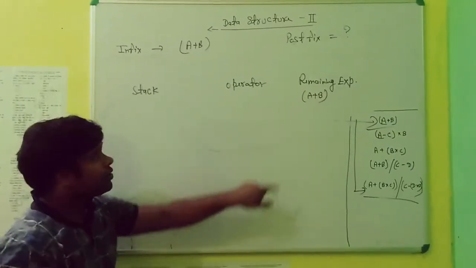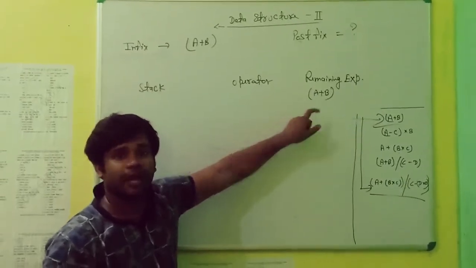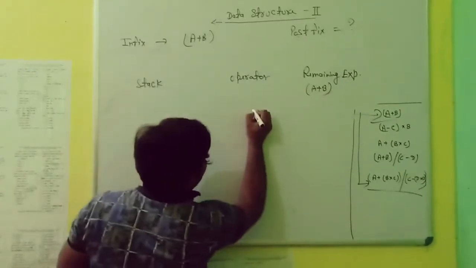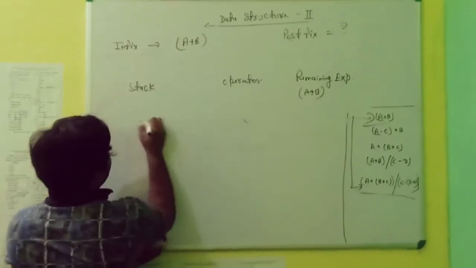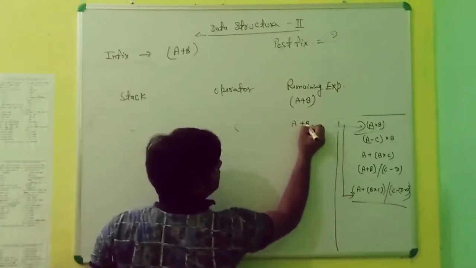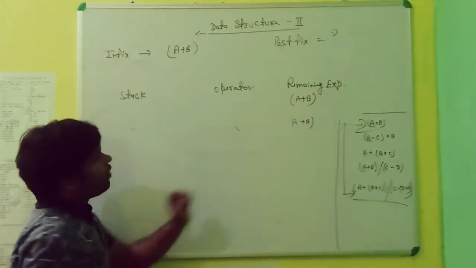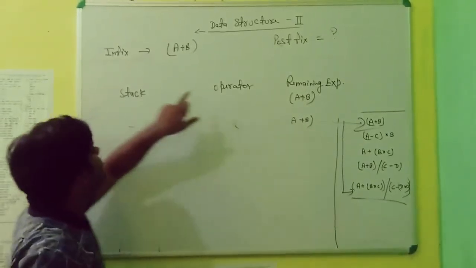Okay, so first, we can see that a small bracket is here, so I will place the small bracket in the operator column. Next, this stack block will be empty now. What remains here is a plus b, small bracket. Now after that, next is a, so a will come in the stack column.